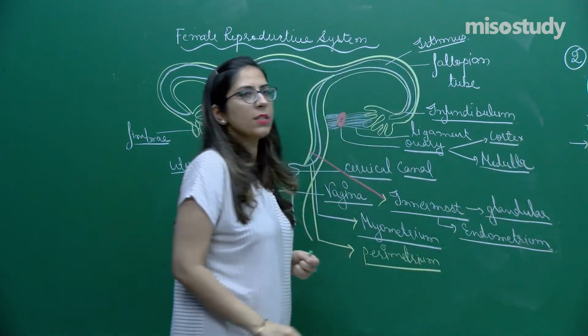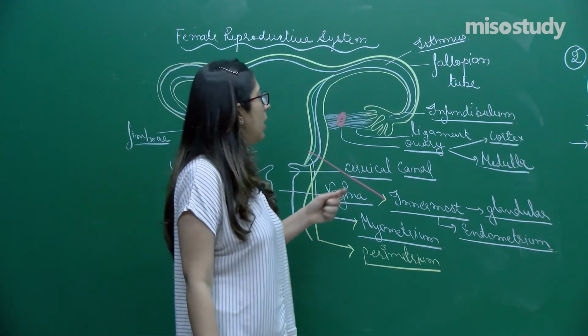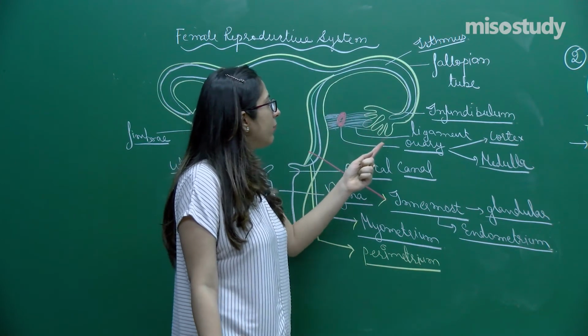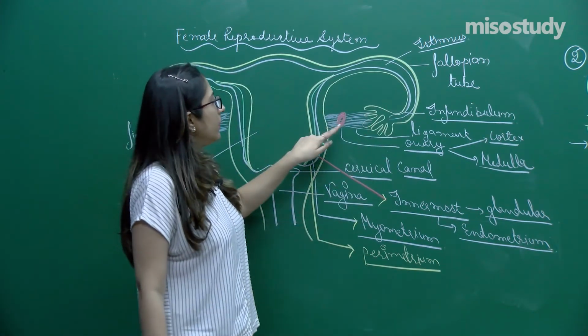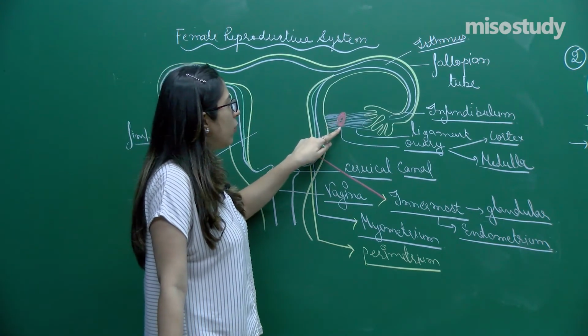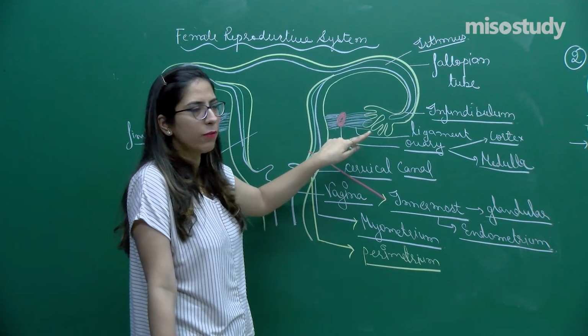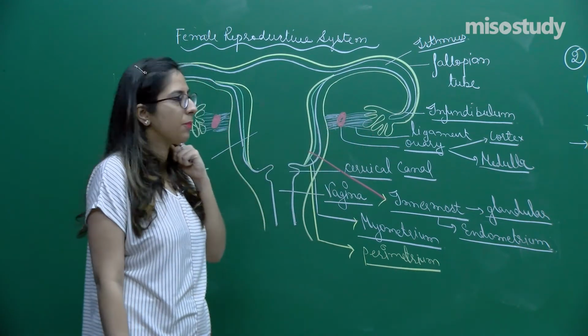In this, the process which is called as oogenesis, that is the formation of egg, happens. Once the egg is formed, it is caught by these fimbriae present, and these are the finger-like projections. This ovary is attached to fimbriae, and these are attached to the pelvic wall, and to the uterus with the help of certain ligaments present.